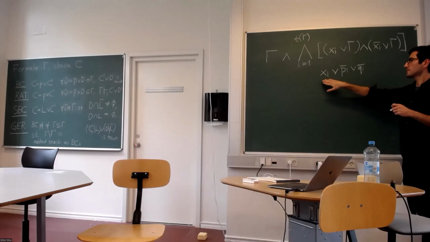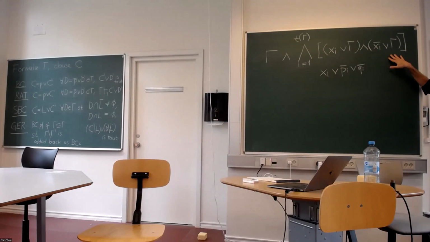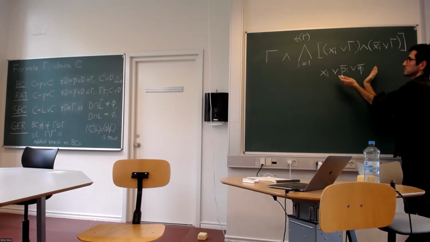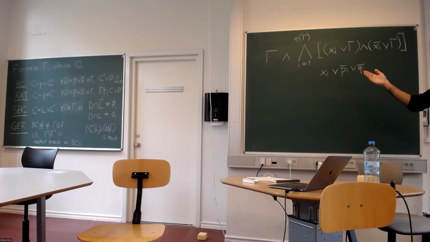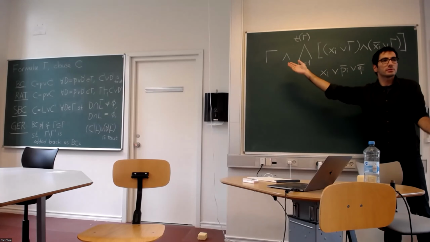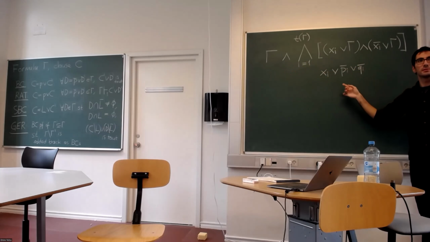So I want to derive that as a RAT clause for xi. I only need to check it against those clauses, and I only need to check that for each clause in the pigeonhole formula, or whatever gamma is. That clause plus these two literals is implied by unit propagation, but that clause is already there, so it stops here naturally. So I could just add it.